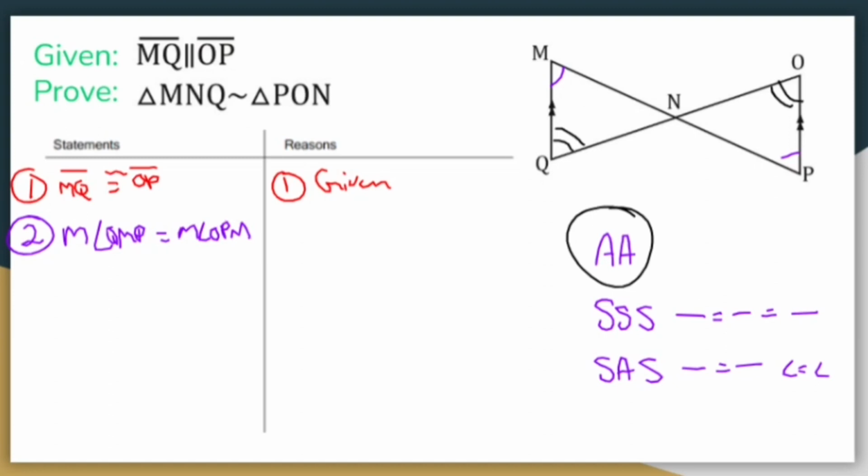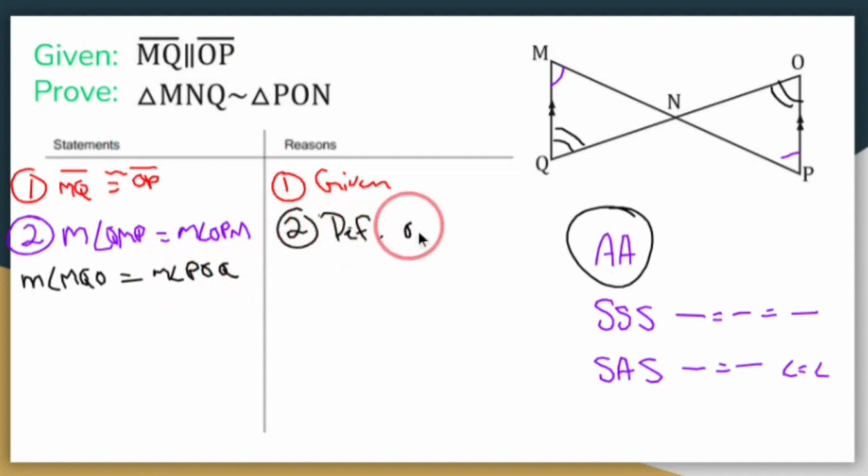Also, the measure of MQO is equal to the measure of POQ. My reasoning for that was the definition of alternate interior angles.